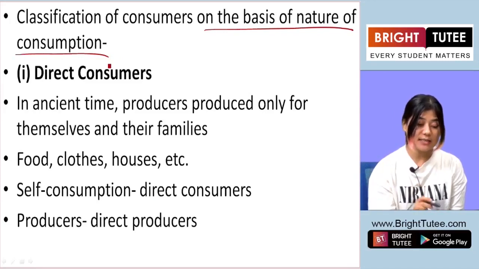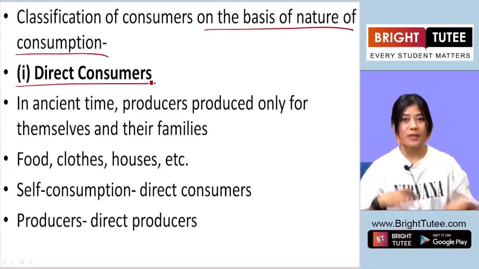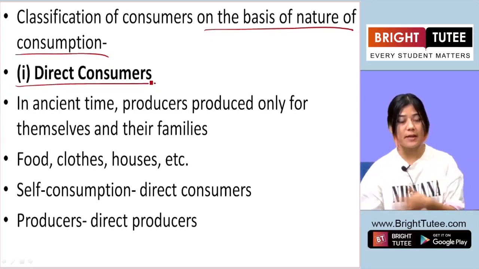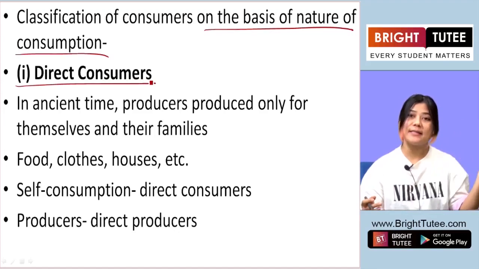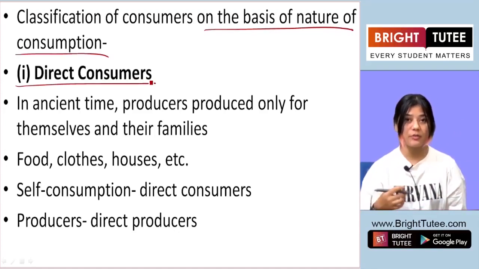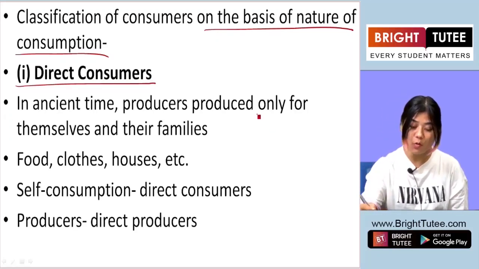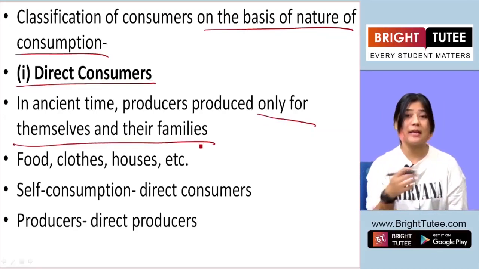The first kind is called direct consumers. Now in the ancient time, today we are in the modern time, right? So if you go back in time and look at the ancient time, then the producers who produced goods and services, they produced those only for themselves and their families.